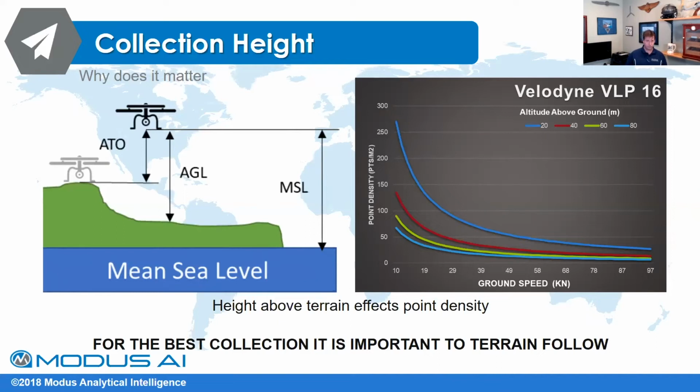Next one is the altitude above ground level, and so if you're using a radar altimeter or a sonic measuring device, or some form of GPS that has already integrated the terrain, that's a little bit more reassuring.